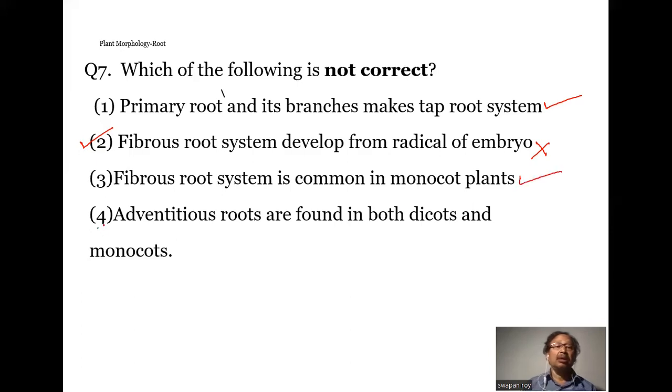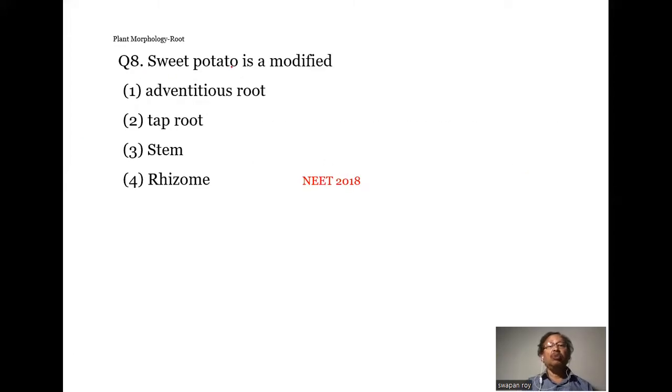This is correct. Number 4, adventitious roots are found in both dicot and monocot. This is true. Question number 8, sweet potato is a modified adventitious root. Sweet potato stores food materials, so this is a storage root and it is adventitious root.